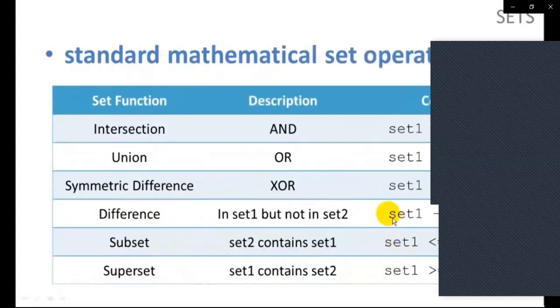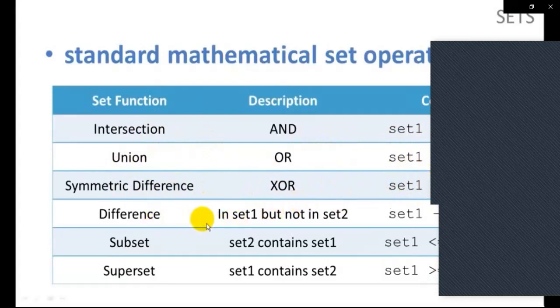Some of the standard mathematical functions for sets are very useful. We can find the intersection of two sets using the ampersand. And we can find the union of two sets using the vertical bar. Symmetric difference, or exclusive OR, in other words, items that are in set 1 but not in set 2, or in set 2 and not in set 1, using the up arrow.